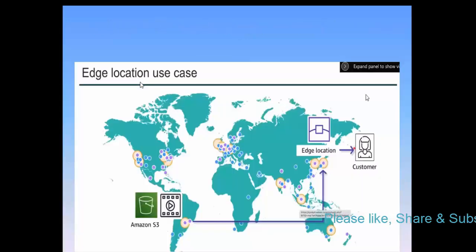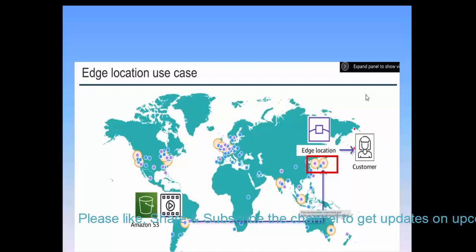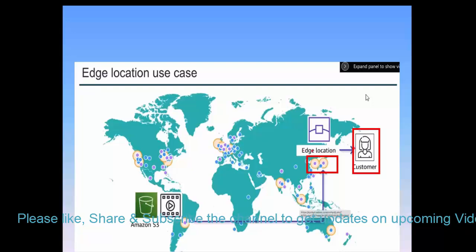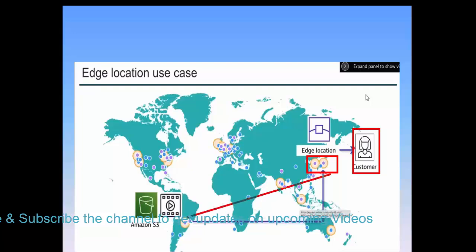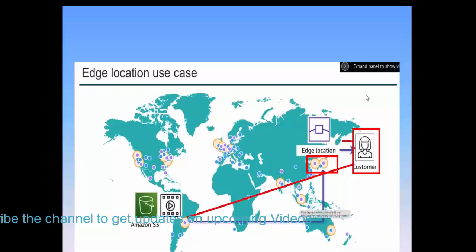I have one use case also. I'm located here somewhere. This is my edge location. If I have to access something from here, like some media content, some song, some movie, anything, or some database, every time I have to go to the main location. So rather than accessing there, what I'm accessing frequently is served by the edge location here.